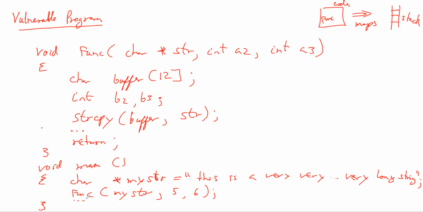You call main first. You have a string, my string. Then you call function, which is this one over here, right? And you pass to it my string, which is a very, very long string. You pass that on. So now you come here to void function. String is now my string.